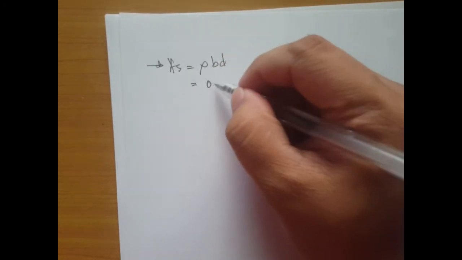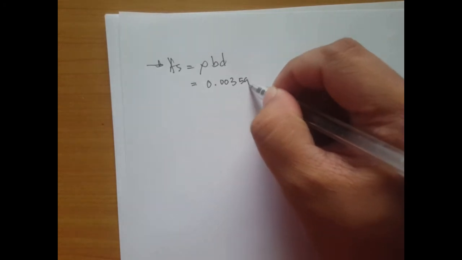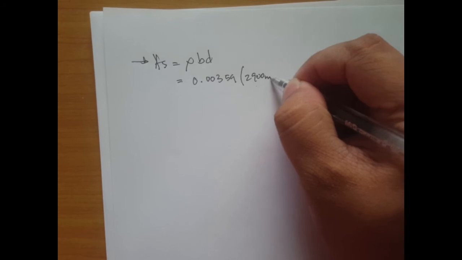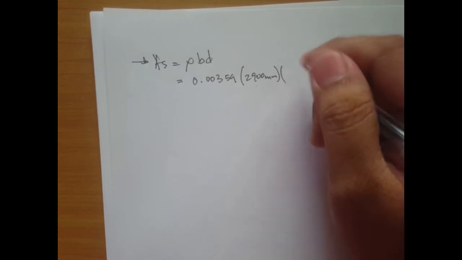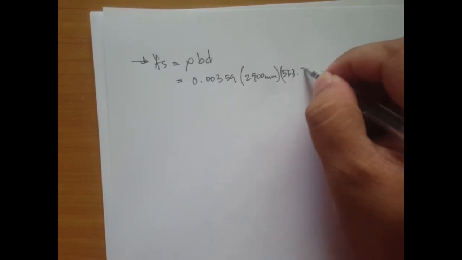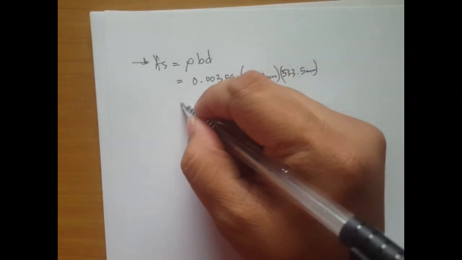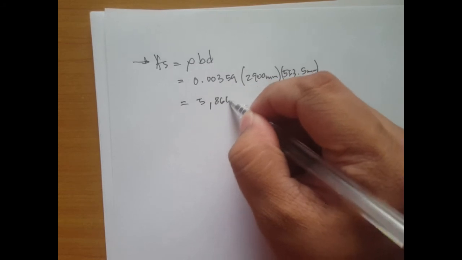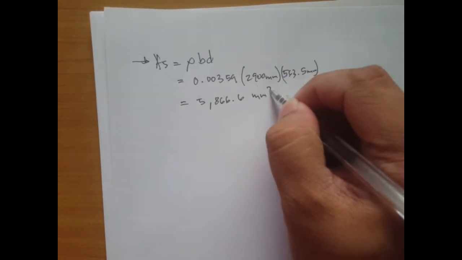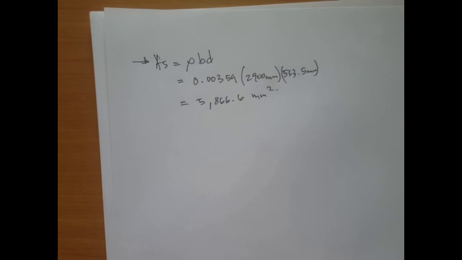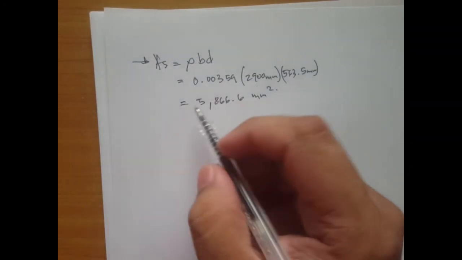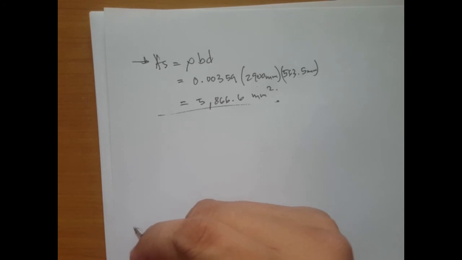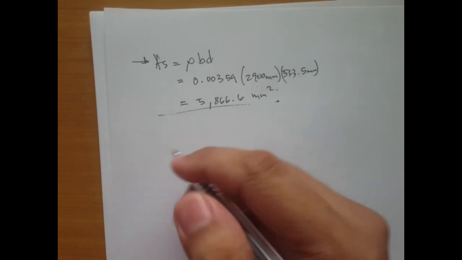The steel ratio is 0.00359 times our width, which is 2900 mm, and the depth of 563.5 mm. If you do the math, what you get is 5,866.6 mm squared. Whenever we solve for the area of steel, we have to check the required minimum area.